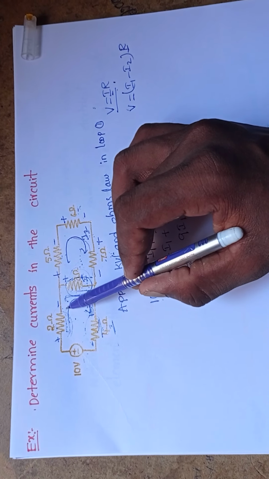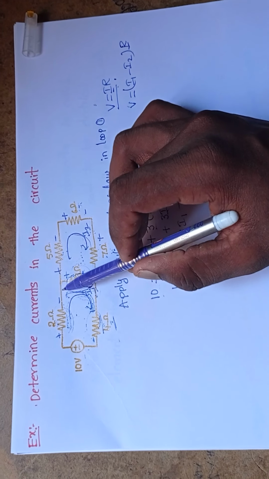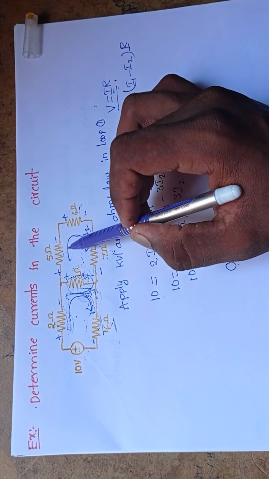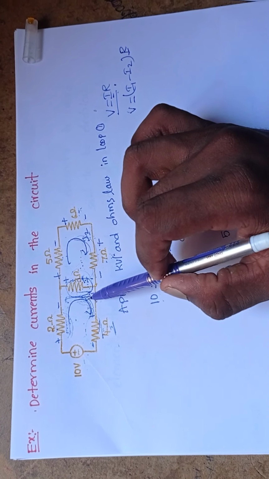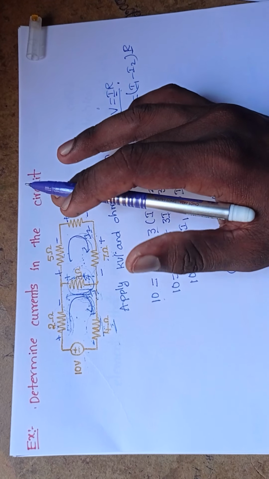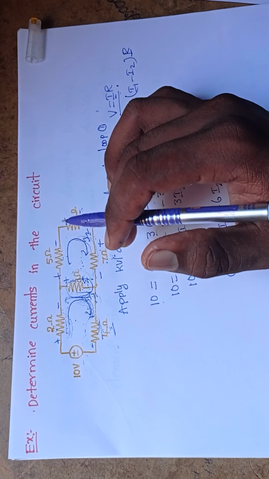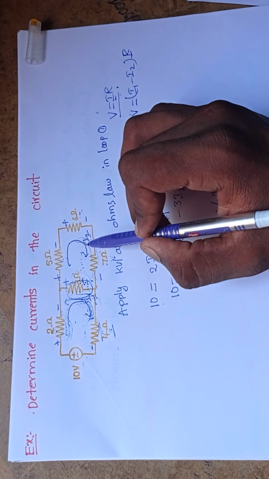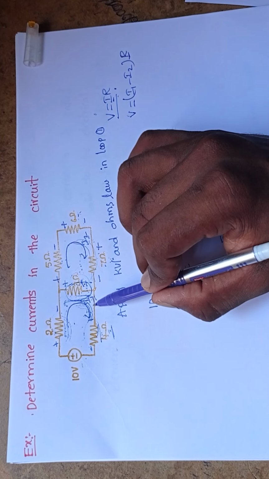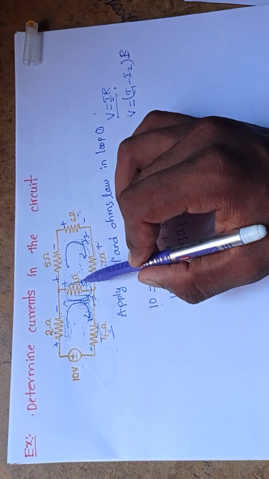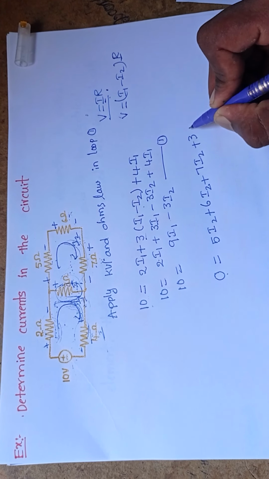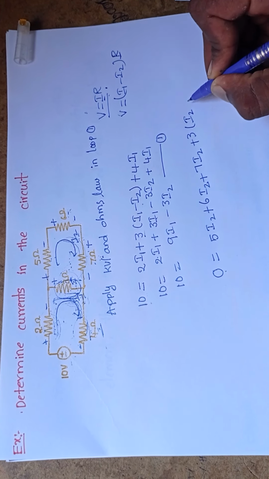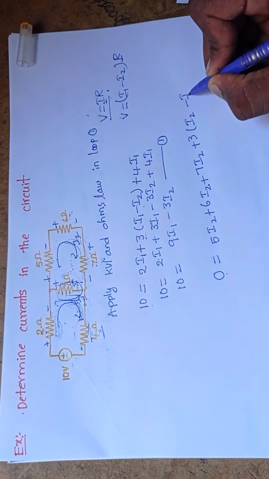Here I1 is flowing from top to bottom, and I2 is flowing in this direction from bottom to top. That is, I1 and I2 are opposite in direction. That means we have to take the difference between I2 and I1 as the total current in the 3 ohms resistor. It is 3 into (I2 minus I1).